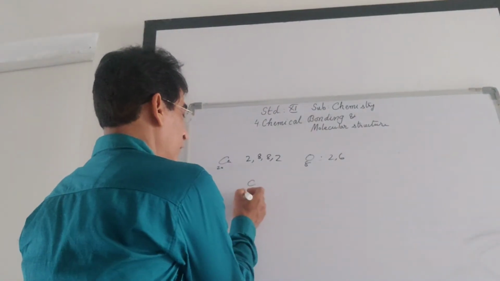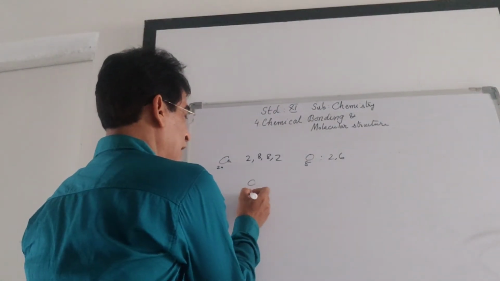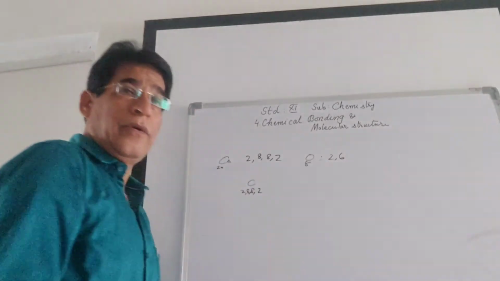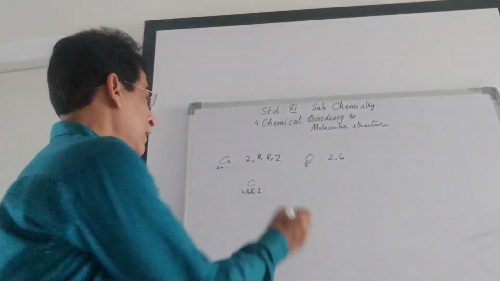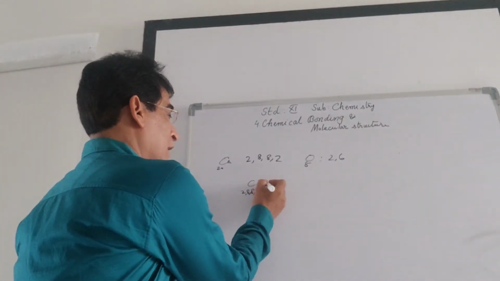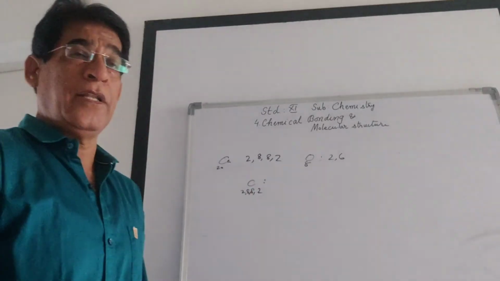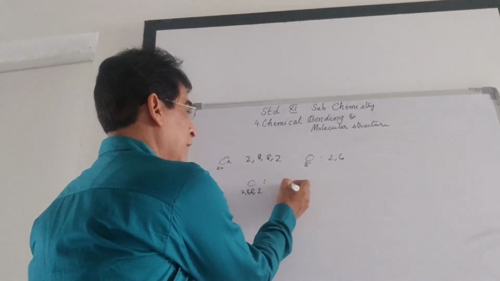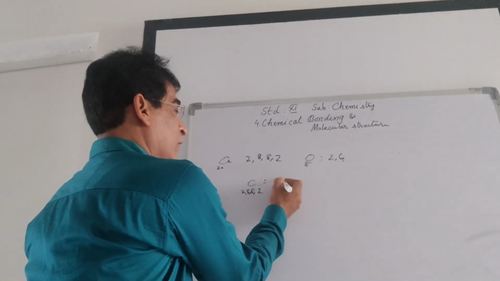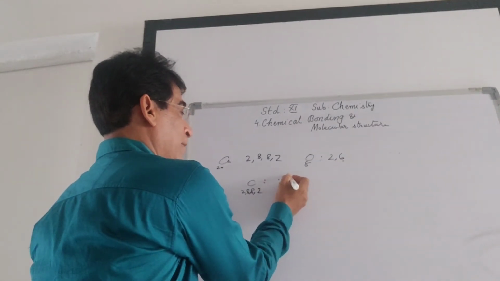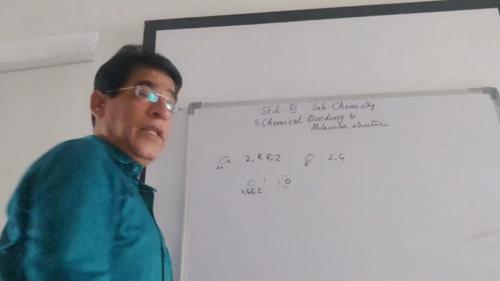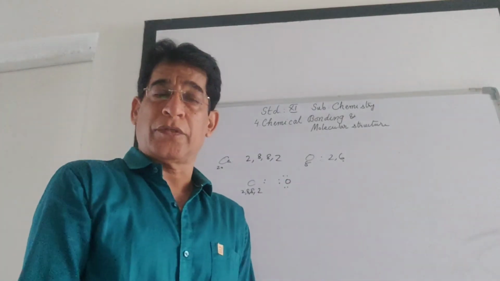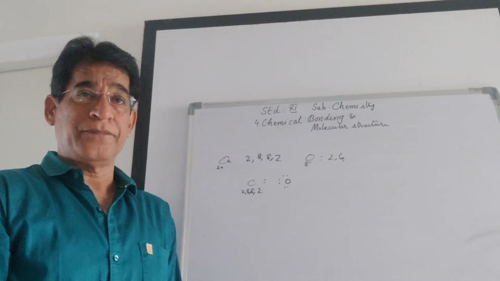Calcium 2,8,8,2 means there are 2 electrons in the outermost orbital, and oxygen has 6 electrons in the outermost orbital.